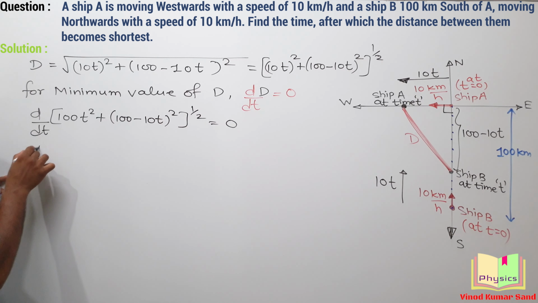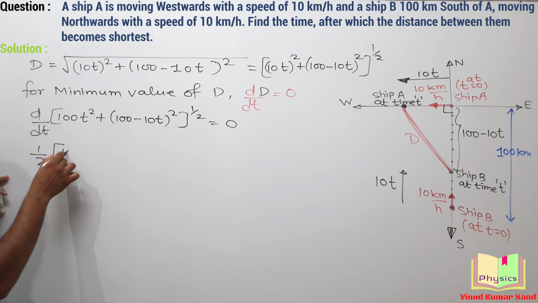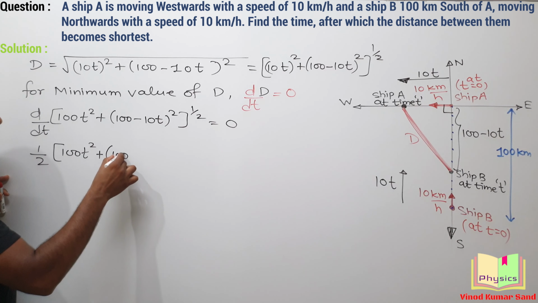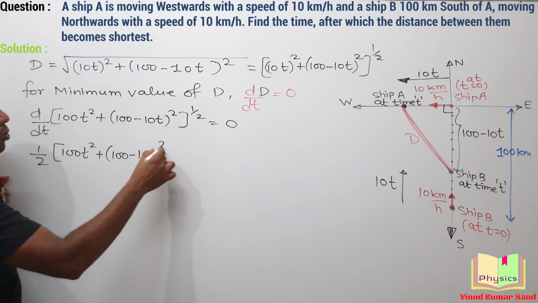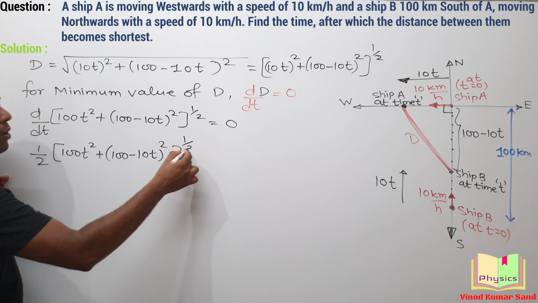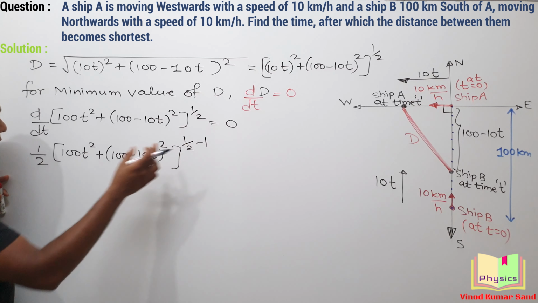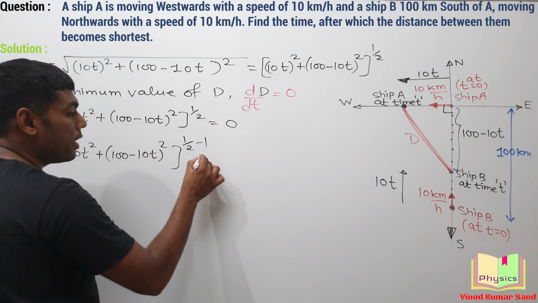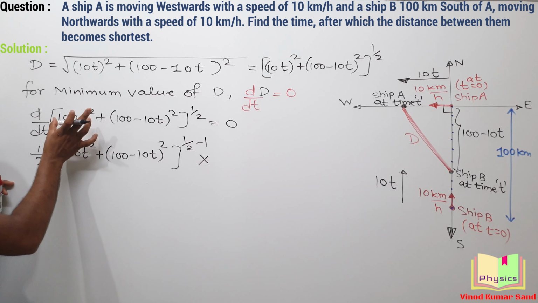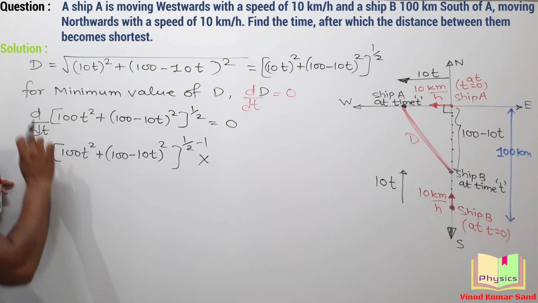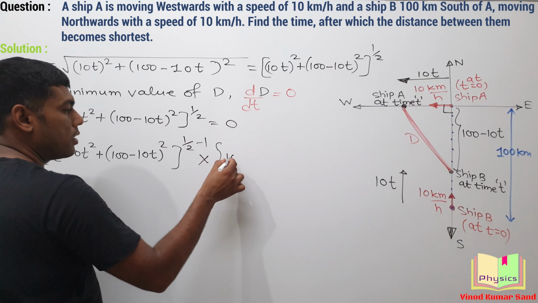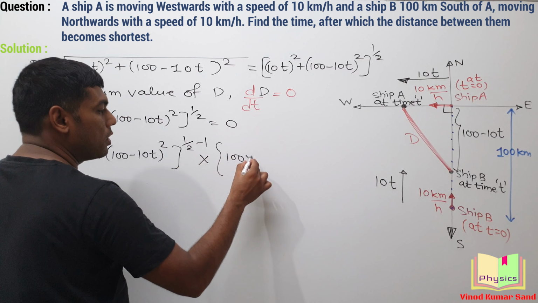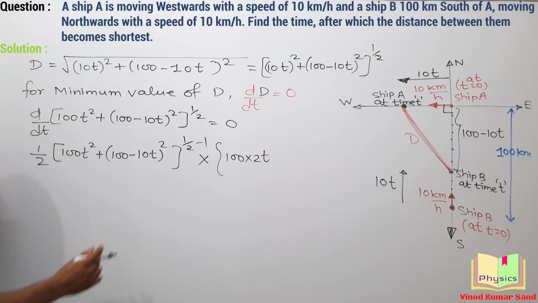You might remember the chain rule, the outside-inside rule. First we'll differentiate this power and then we'll differentiate the inside content of this bigger bracket. So pay attention. Half, this entire bracket (100t square plus (100 minus 10t) whole square), power will become half minus 1, as n something to power n minus 1, into, now we will differentiate the inside contents. 100 is a constant, so it is taken outside, and then differentiation of t square will be 2t.